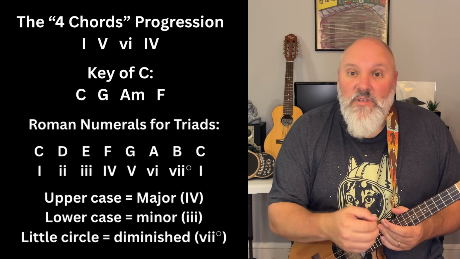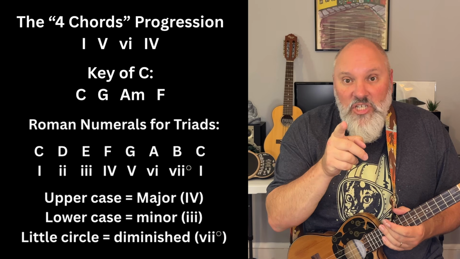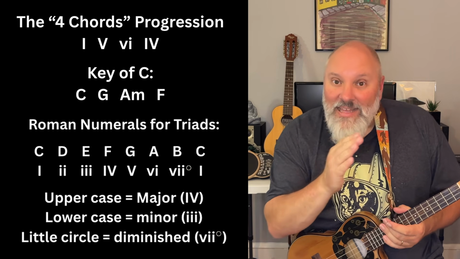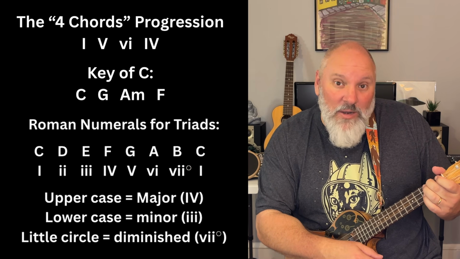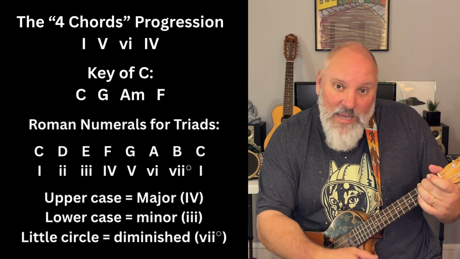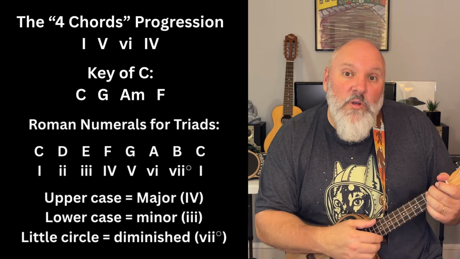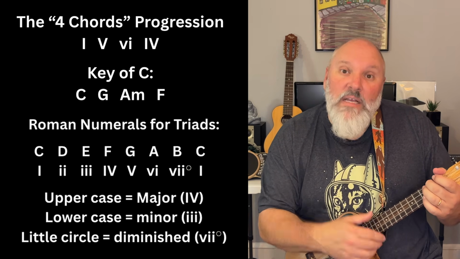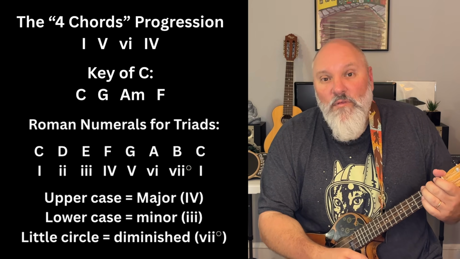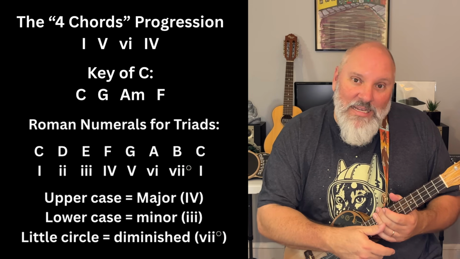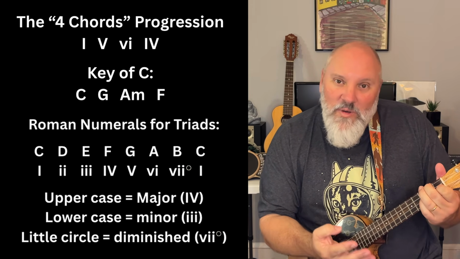If G is the 5 chord, because there's nothing after G, we just loop back to A, then A minor is the 6 chord. The 6 is always a minor chord, so that's why it's a lowercase Roman numeral. It stands for minor. And then we have the 4 chord. Back down the musical alphabet would be an F chord. The 4 chord is always major.